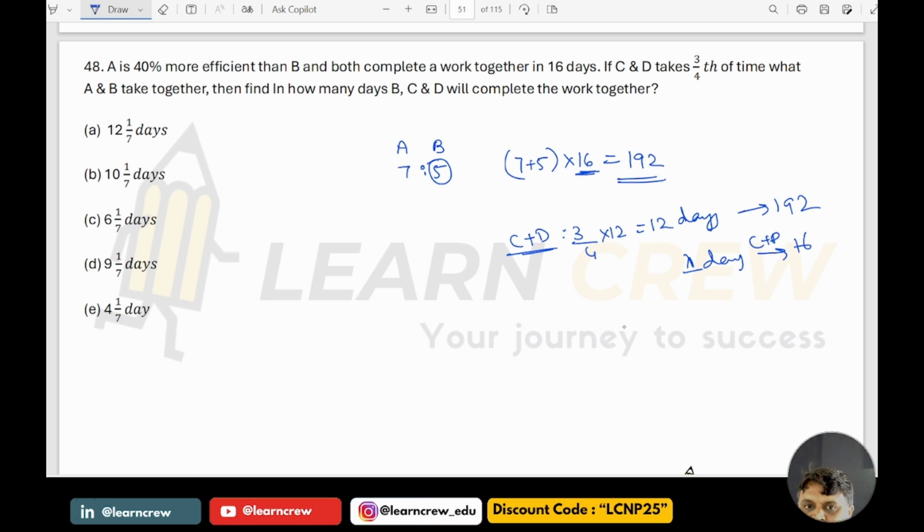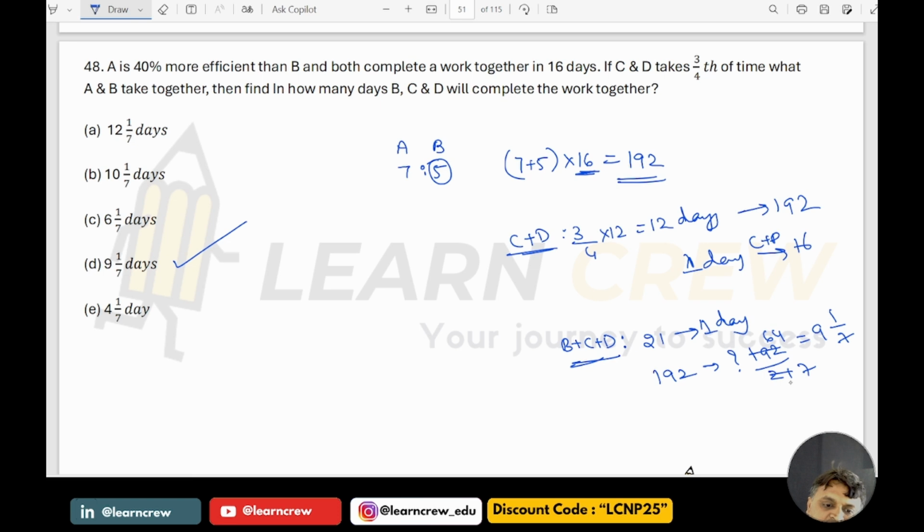So please see here, 21, B, C and D. So B is 5, 5 plus 16, 21 units in 1 day. Thereby 192 units how many days? 192 by 21. If I simplify this, 3 7s are 21, 3 how many times? 64s are 7 9s are 9 1 by 7. 9 1 by 7. So option D is the answer.